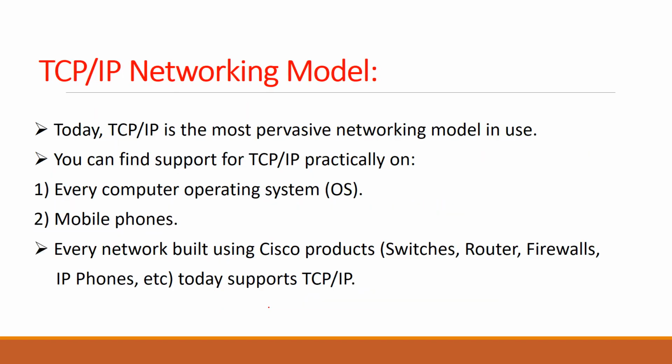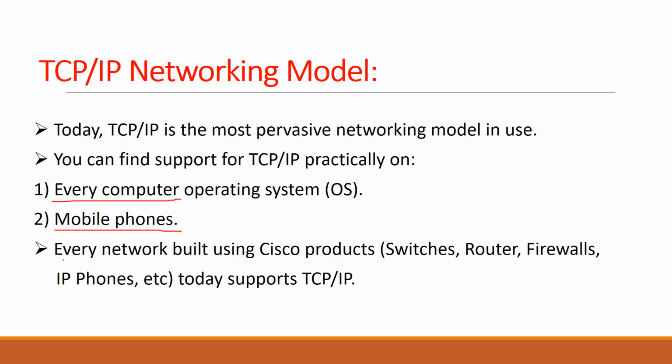So, let's start with the first networking model, not the first one that was introduced, but the most recently used one, because this is the only one that we are using, all of us are using it right now. Today, TCP/IP is the most pervasive networking model in use. Each device supports TCP/IP: every computer, operating system, every mobile phone, and all other devices.